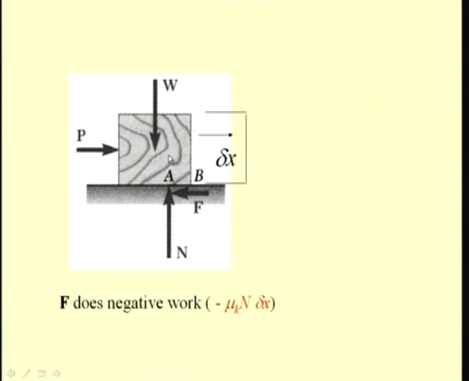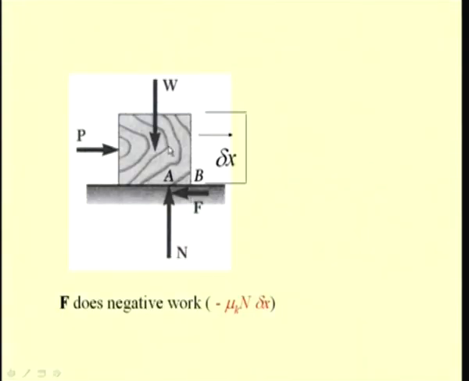That means this force P is less than the maximum allowable force that exists as friction at this contact surface. In that case, we can analyze this problem for finding out this unknown force F by considering a virtual displacement.